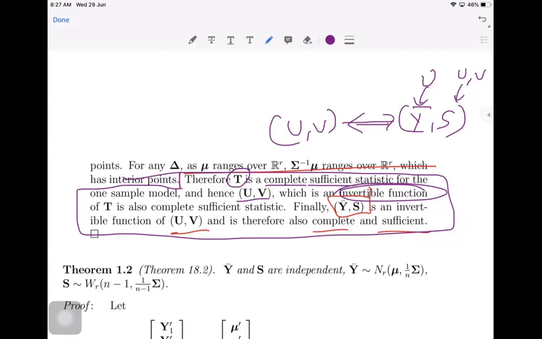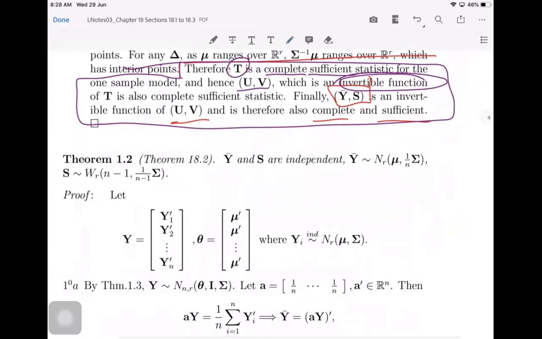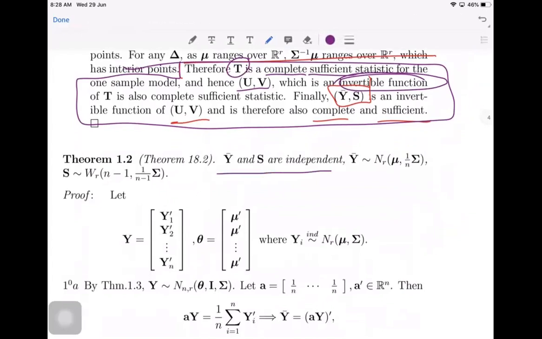Okay, so the next theorem, 18.2, tells you that Y bar and S are independent.